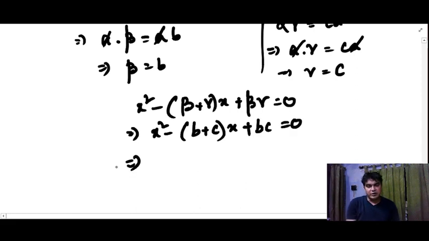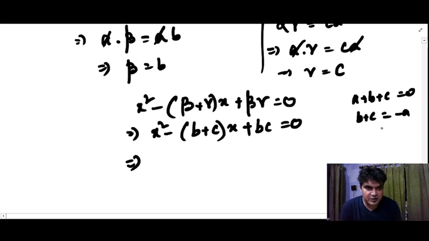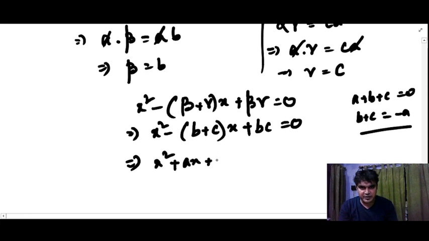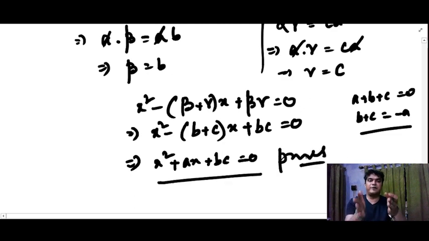So this is what we are getting. Now b plus c, we already found that a plus b plus c equals to 0. That means the value of b plus c equals to minus a. So we'll put the value of b plus c here. x squared minus of minus a, that means plus ax plus bc equals to 0, and hence proved that the other roots are satisfying this particular equation, x square plus ax plus bc equals to 0.